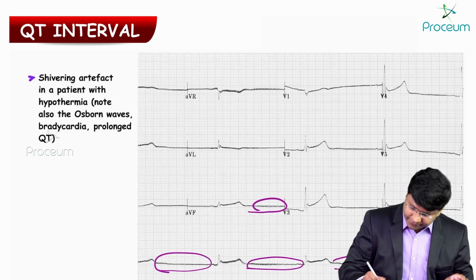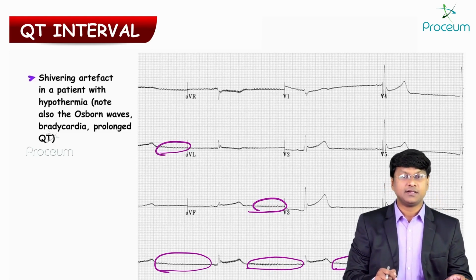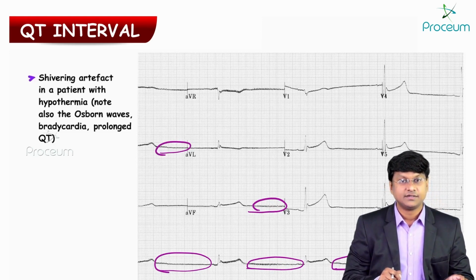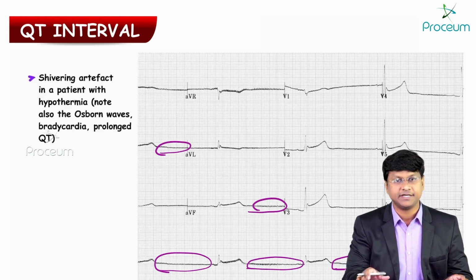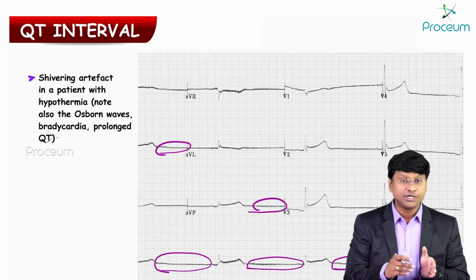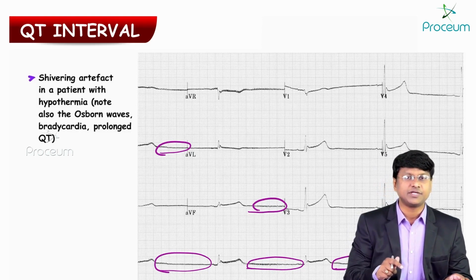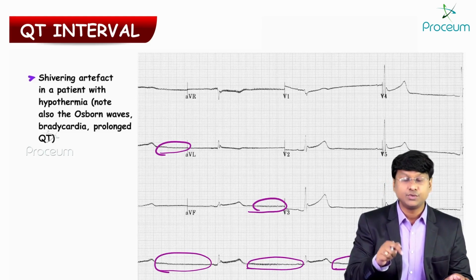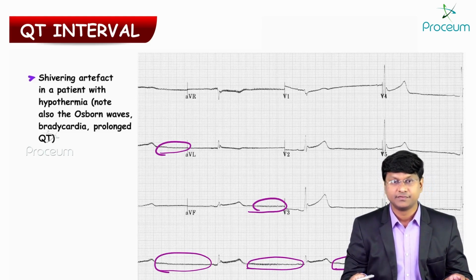You have an abnormal isoelectric baseline which is secondary to the shivering effect. That is what you will see in patients with hypothermia. Now remember, in hypothermia you will have the prolonged QT interval as well as the Osborn wave.